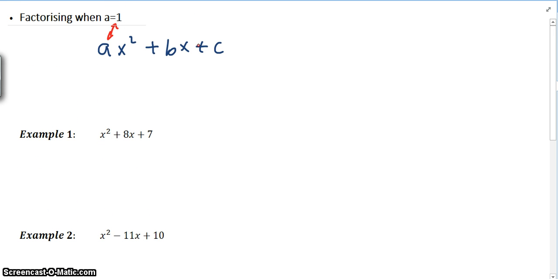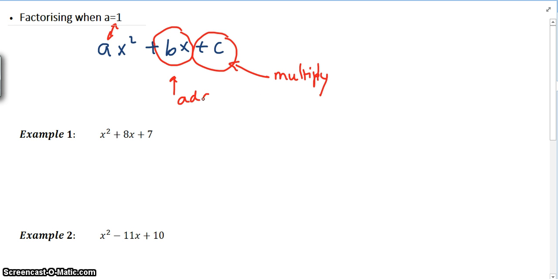So how do we factorize in this sense? Two things we have to remember. What two numbers multiply to give the last term, but add up to give that middle term, including the sign.